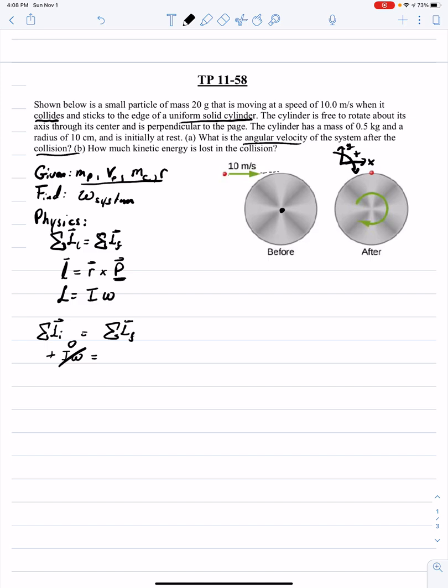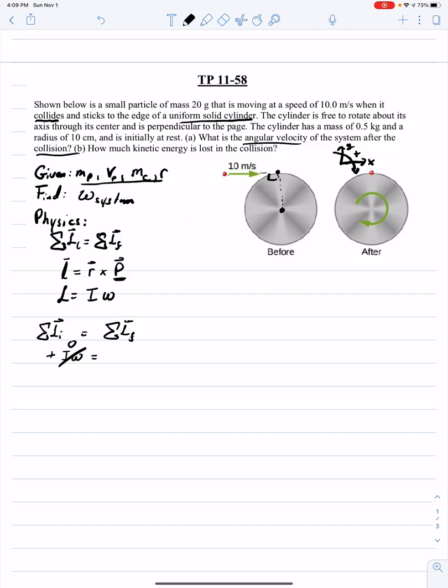So right before, it's completely perpendicular to the axis of rotation. This is good because this complies with mass times velocity, the cross product with r. Okay, this complies with that.